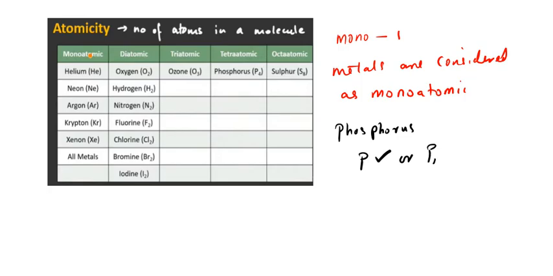Even sulfur can be written as S or S8. So these are the ways you can write sulfur.